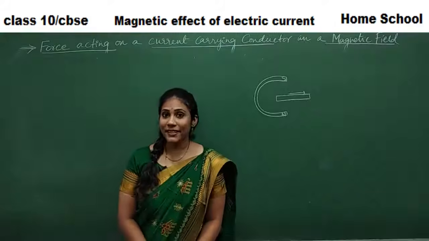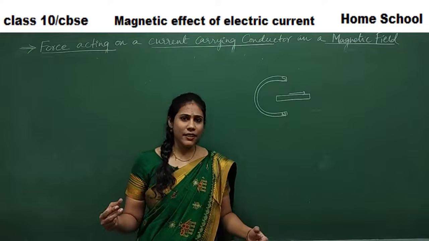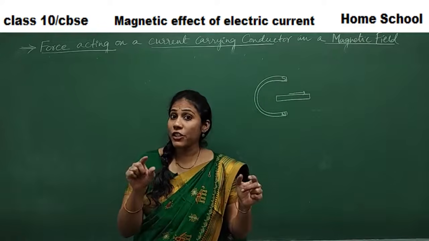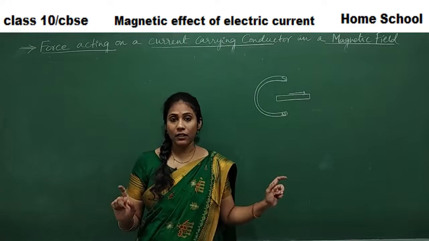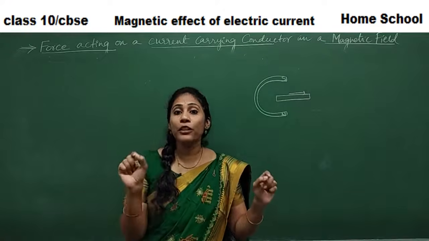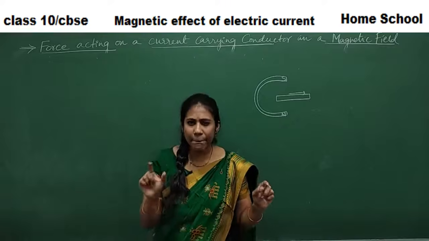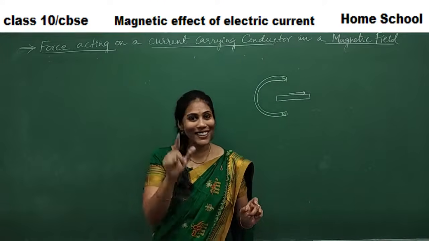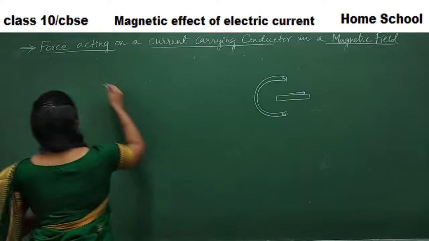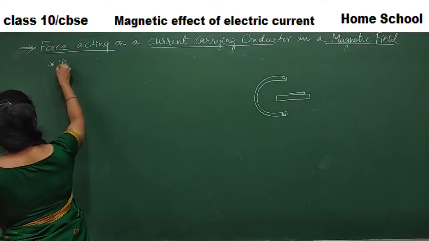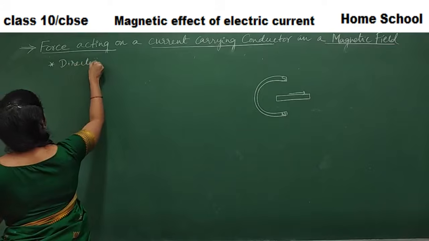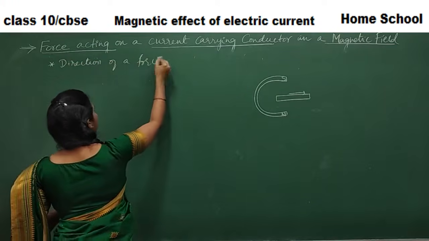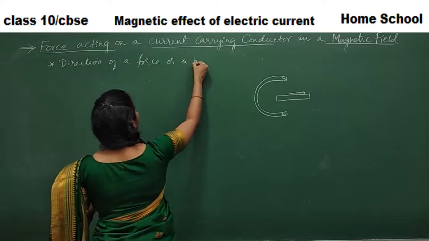See guys, listen carefully. The direction of the force or the direction of the movement of conductor can be found with the help of a simple rule called Fleming's left hand rule. Okay, this is a very important point. What I would like to write here is direction of a force, magnetic force or a movement.